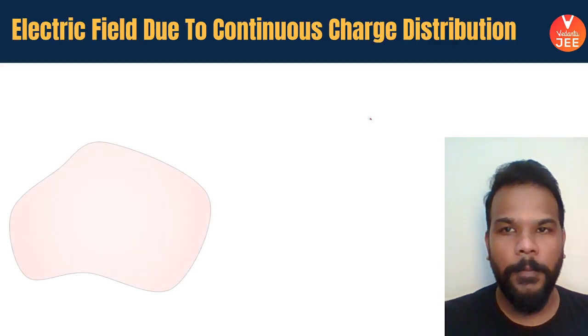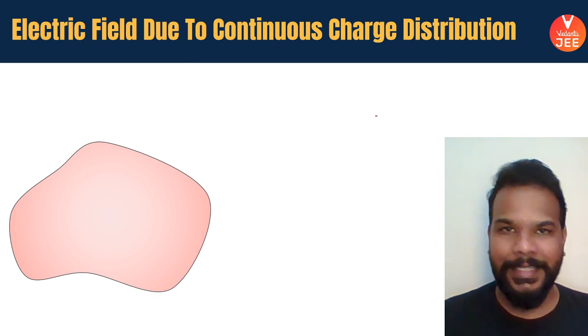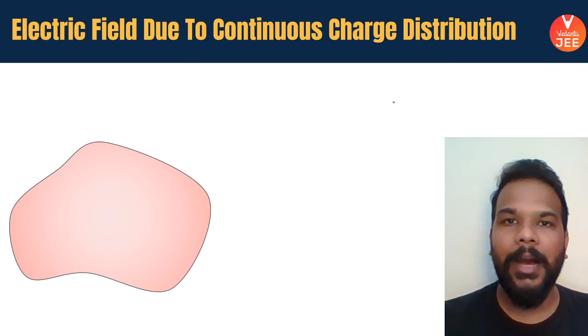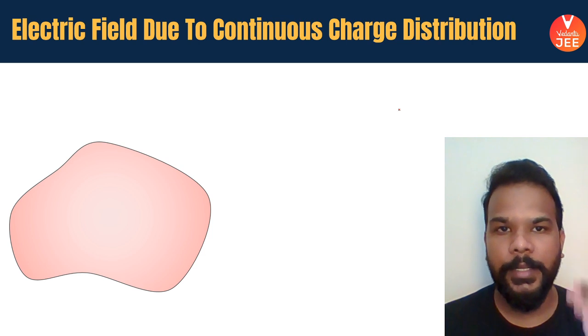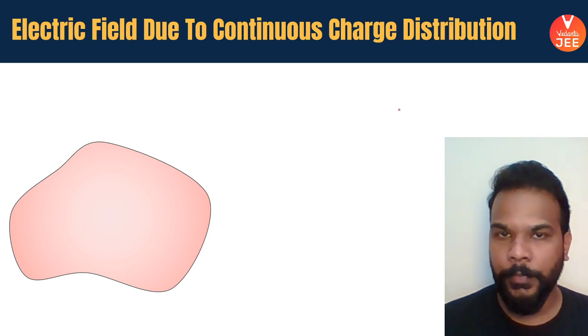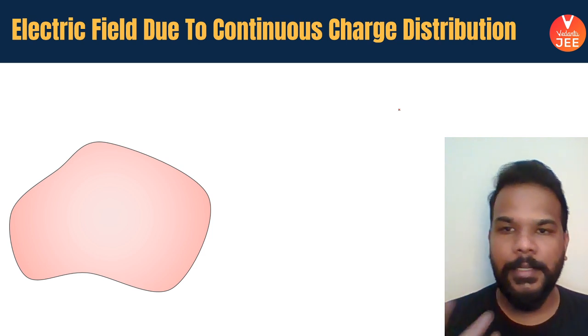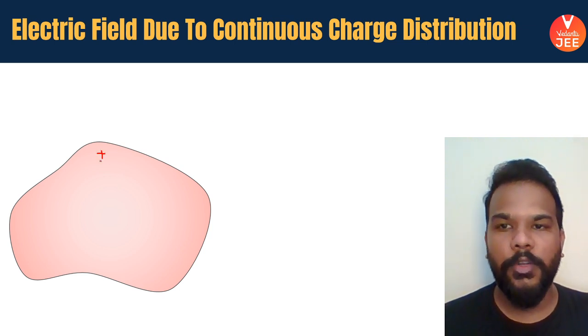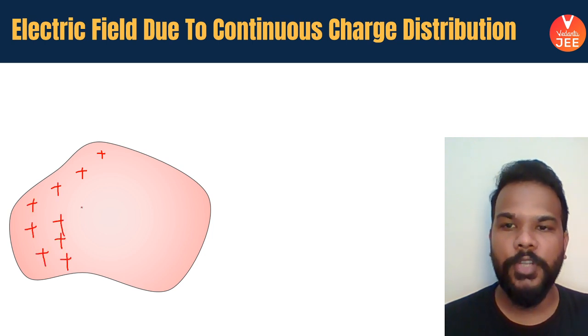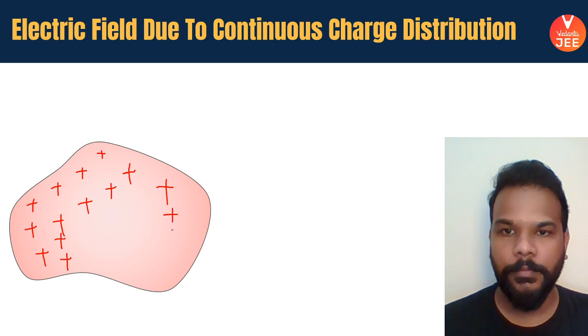Okay, cool. So guys, let's start, and let's first understand how we basically visualize the continuous charge distribution. Say there is a continuous charge object here, and I'm assuming it to be made up of an infinite amount of charge given on its surface.